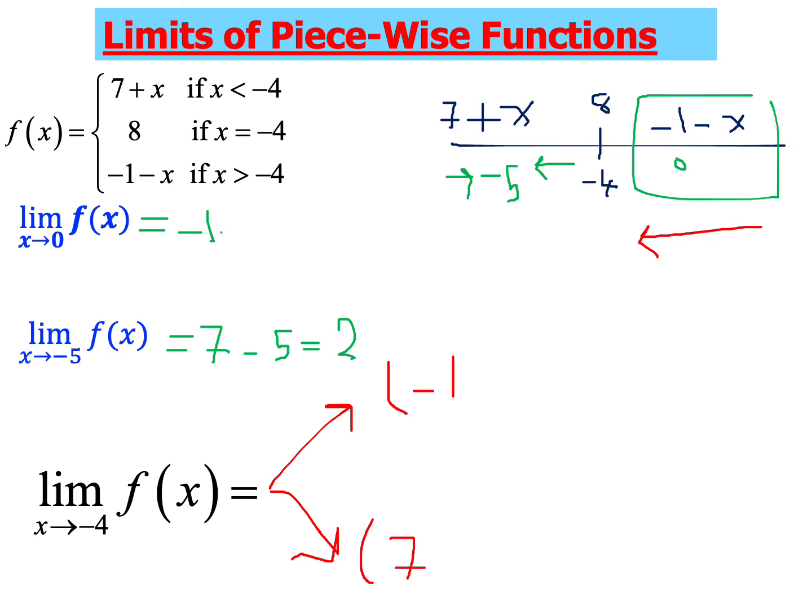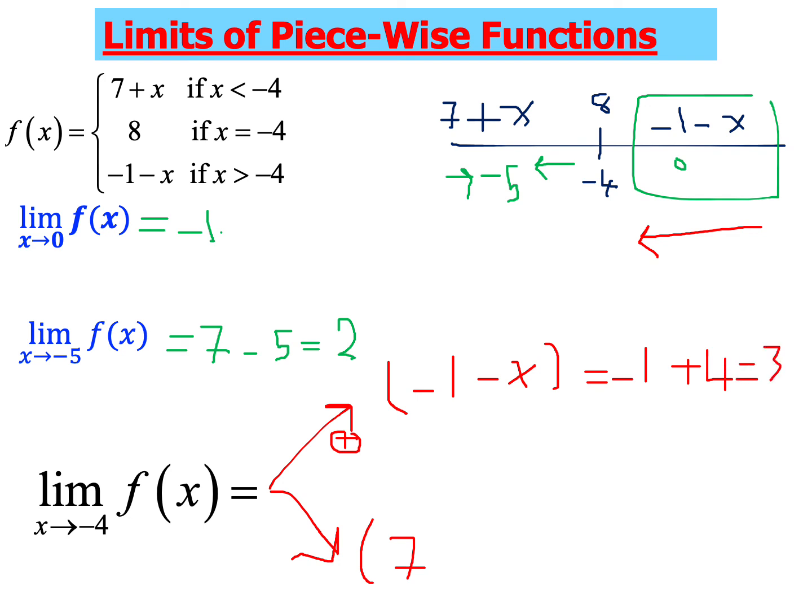For the first limit from the right, I will use -1 minus x, so I get -1 minus (-4), which is -1 plus 4, equal to 3.